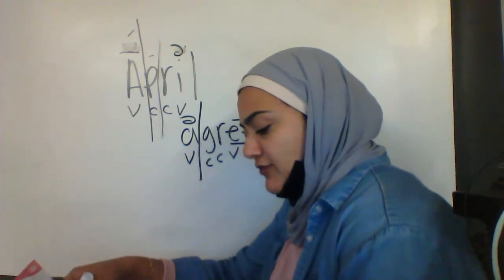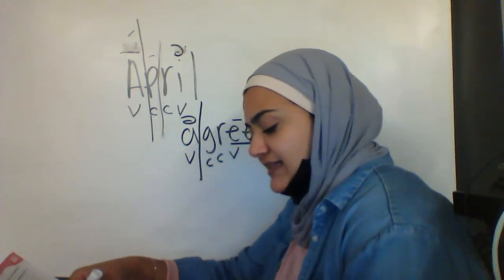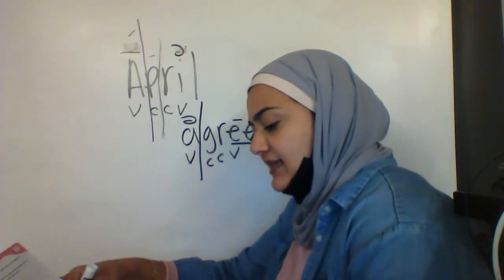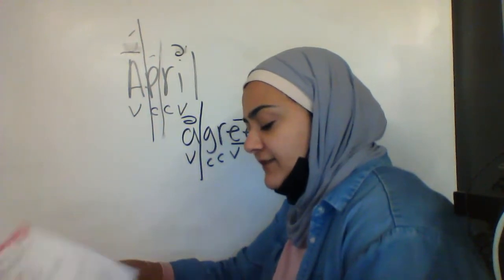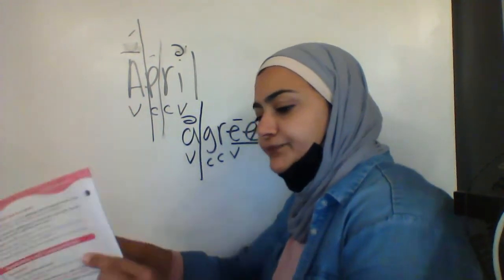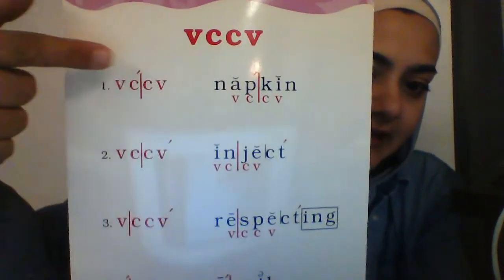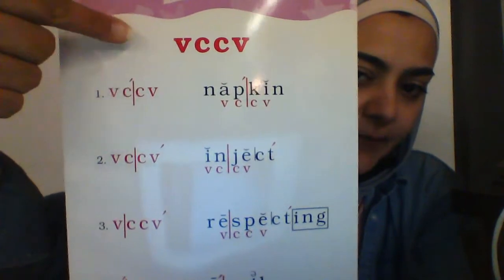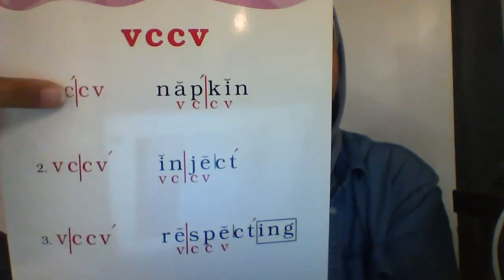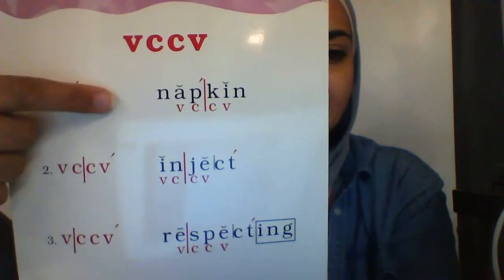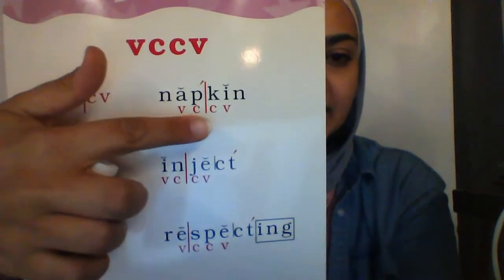In case you need help remembering where a word can be divided and accented, we have these 2 syllable division patterns on our VCCV syllable division wall card too. So it looks like this. I'm going to put this wall card up in the classroom, and it shows us the VCCV pattern, and if we were to divide it after the first consonant, where the accent would go, with an example like napkin.